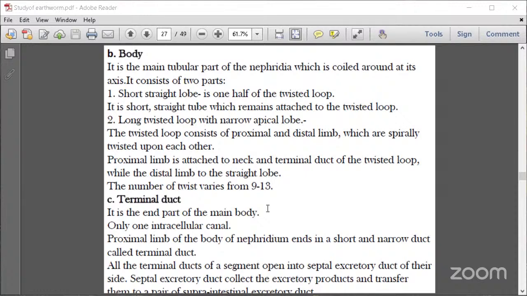A septal excretory duct collects the excretory products and transfers them into three pairs of intestinal excretory duct.